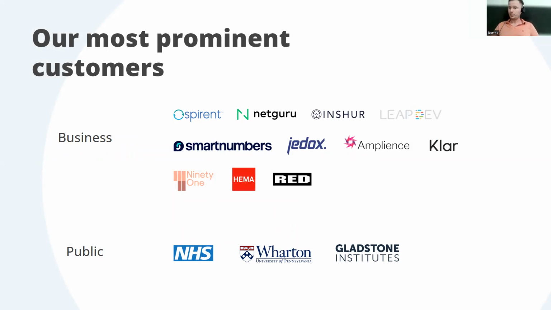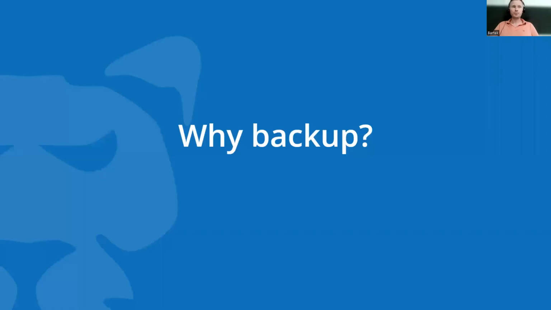And when it comes to the size of our customers, it's the full scope: implementations within the smallest customers, medium customers, as well as quite big players on the market. As you can see on the screen right now, these are a small percentage of our most prominent customers who use GitProtect to protect their intellectual property.